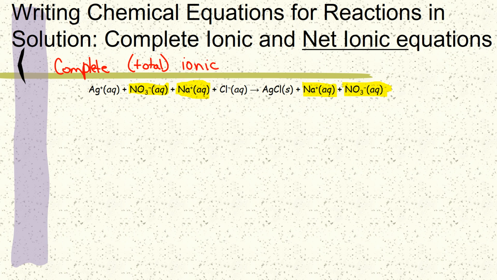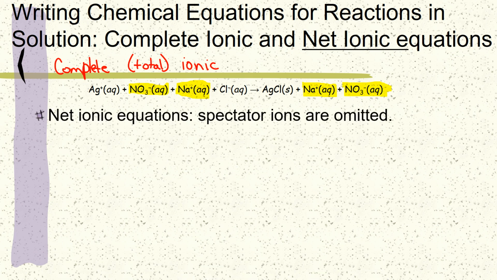Complete ionic equation and total ionic equation are the same thing. Now we need to get to what we call our net ionic equation. To get from the complete ionic to the net, I'm just going to get rid of anything that repeats itself. For my net ionic equation, I just removed the spectators.